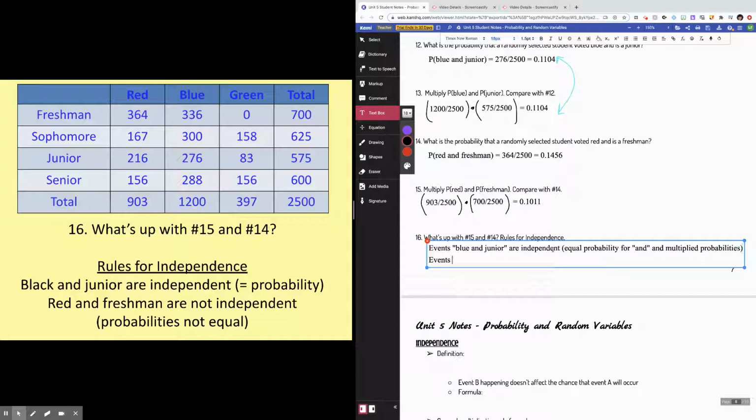The events red and freshman are not independent because you get unequal probabilities.